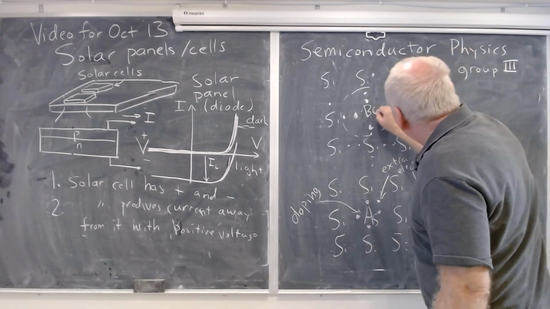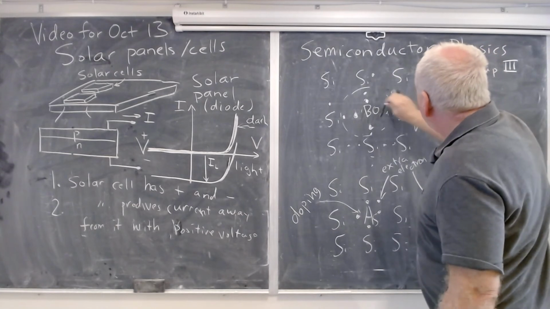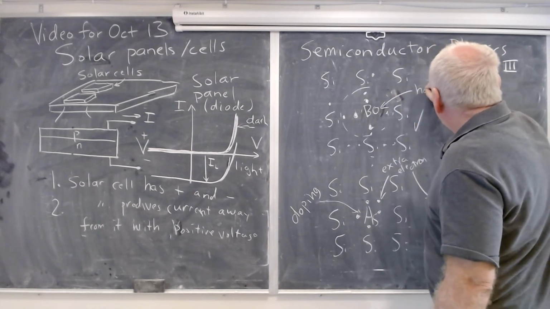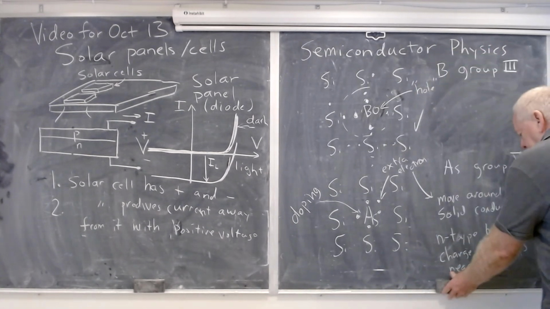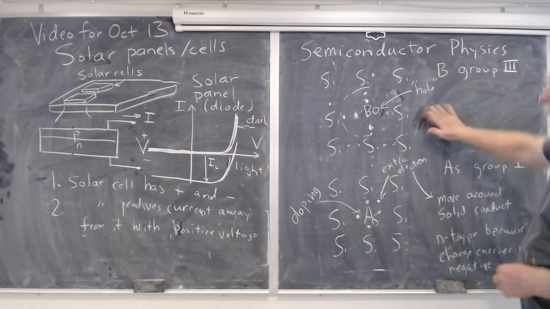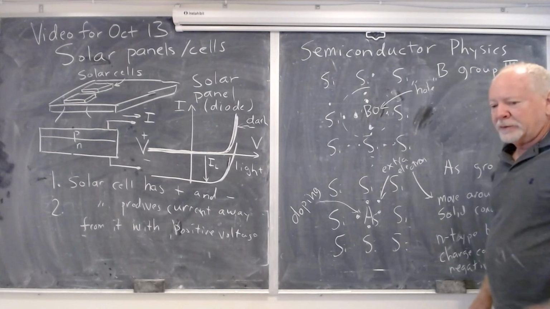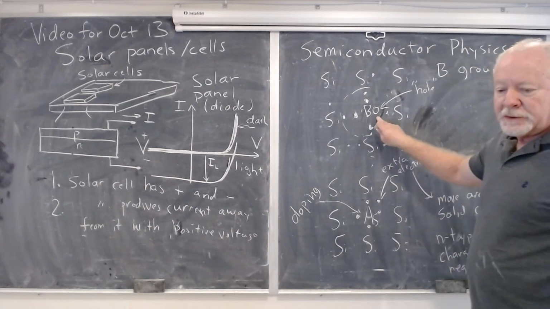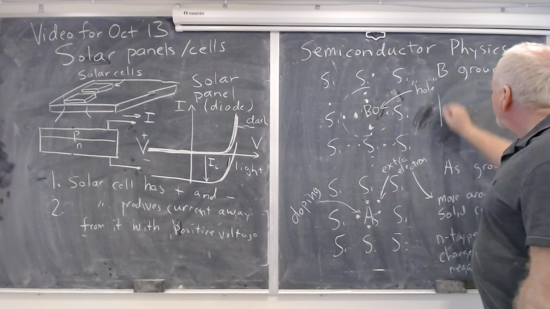And so there's 1 missing. And we call that a hole. Now, there's 2 ways to look at how this missing electron behaves. One way is with a pool table.